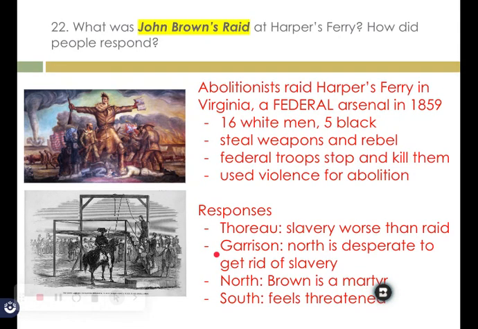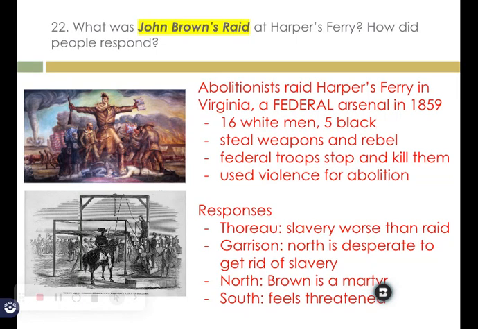However, despite the fact that he never thought violence was a good idea, he argued that John Brown's raid showed how desperate the North was to get rid of slavery, that they had to try everything. They tried everything else as far as compromise, but they had to resort to this. They had no other choice but to use violence. Here's a man who never condoned violence, but now is saying, maybe this is our only option left.